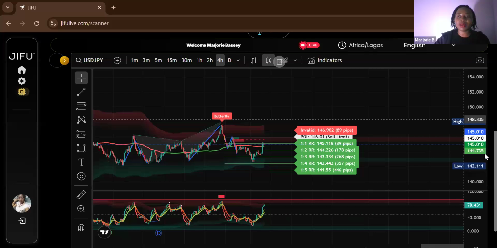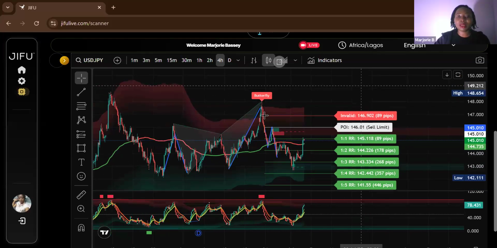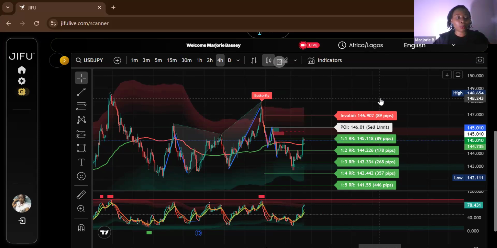You can see that for this market, if a trade idea had played out here as well, it will not give you a trade idea at this point. But you see these high points, these are the highest points, and for this one a trade idea popped up.